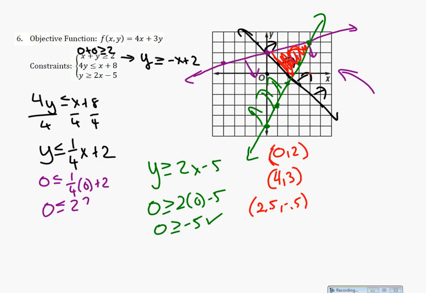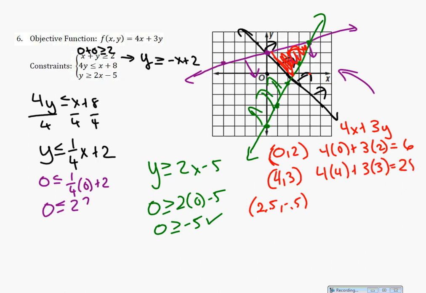So now maximize, minimize. So 4x plus 3y. Let's see what I get. So 4 times 0 plus 3 times 2. That's going to be 6. 4 times 4 plus 3 times 3 equals 16 and 9. So that's going to be 25.